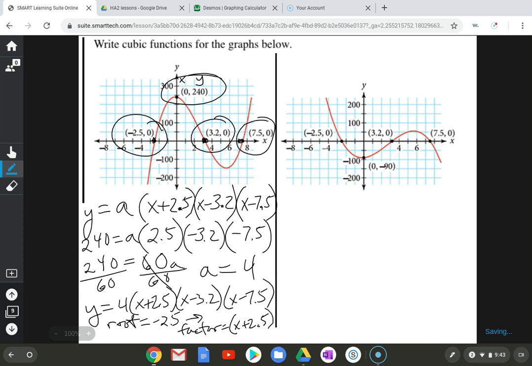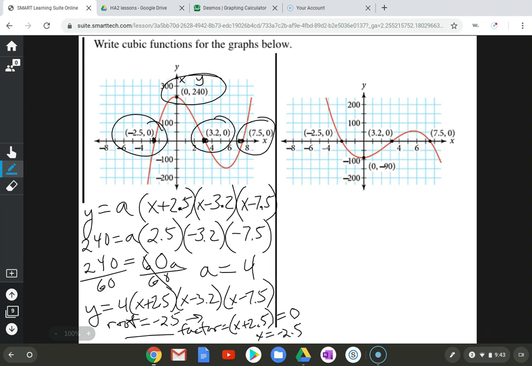In order for y to be 0, the factor has to equal 0. And if you set this factor equal to 0, what do you get? Oh my goodness, you get x equals negative 2.5, which is the root. So your roots, or your x-intercepts, relate to your factors in that the sign gets changed. So if the root is negative 2.5, your factor is x plus 2.5. All right, let's take a look at this one.